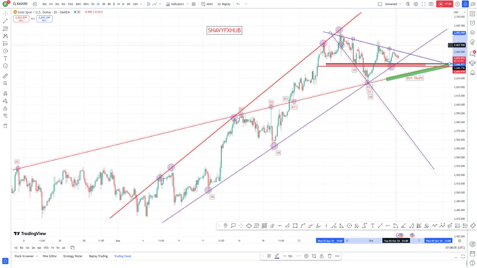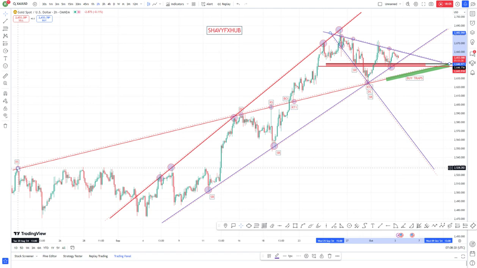So we want to see price continue to play in this structure. Now, a breakout from this structure will mean that price most likely wants to test up. But I think from a liquidity grab perspective, we want to see the market play down back into the buy trap.